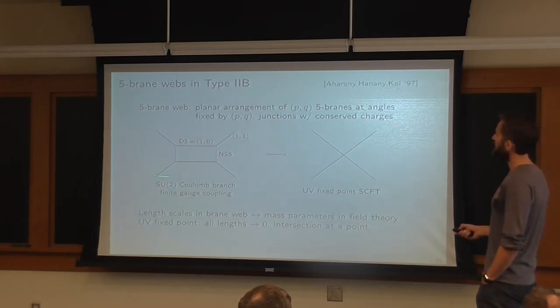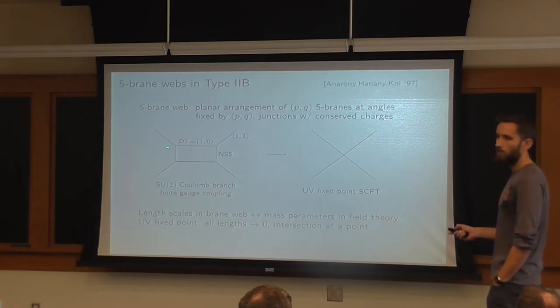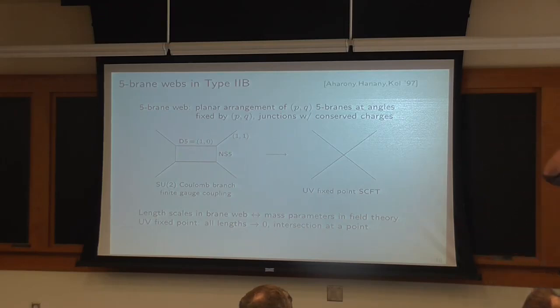So now we have a realization for this SU2 gauge theory, and we know how to dial the gauge coupling and the Coulomb branch modulus, so how to move around on the space of vacua. And in the brane picture, there's no obstruction to just sending all the length scales to 0. That's precisely what we would consider as the UV limit. In this limit, we get a very simple cross or X-shaped intersection.